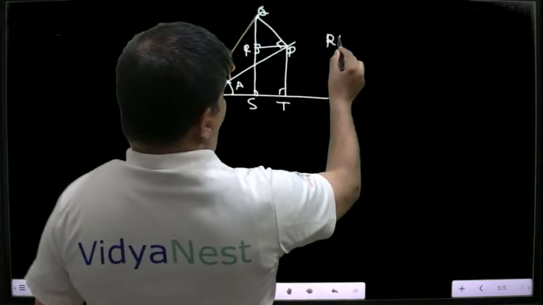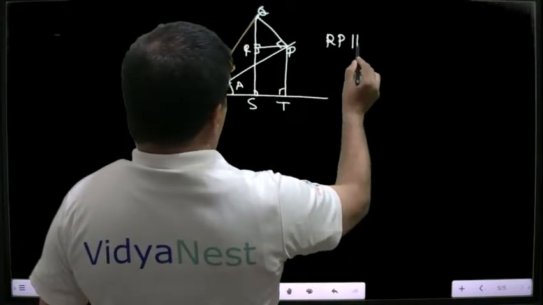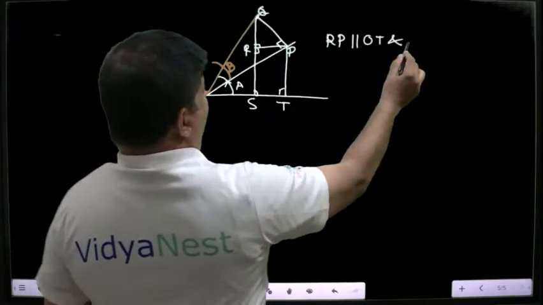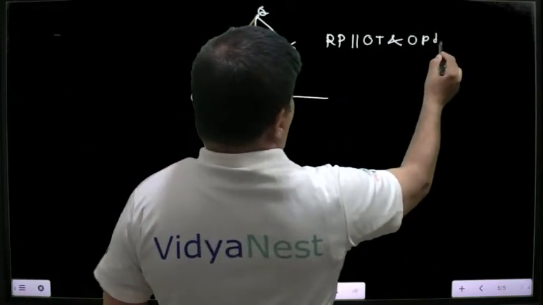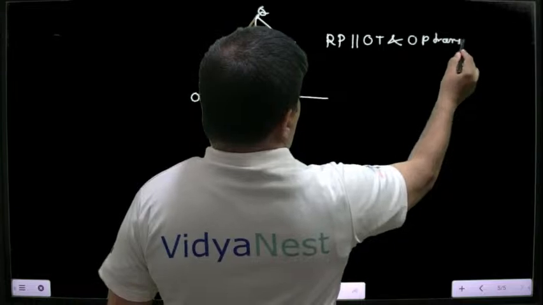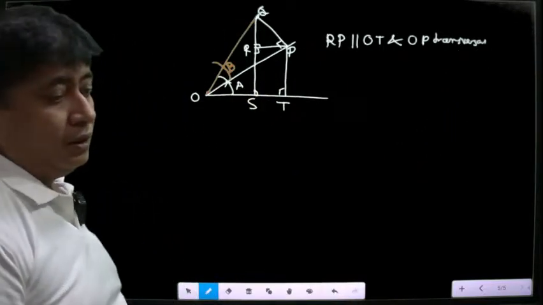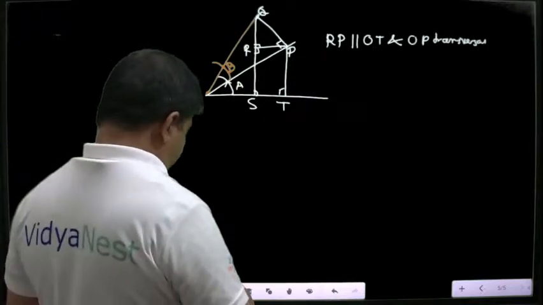Now you observe this angle 90 degree. That means RP is parallel to OT and OP is transversal.